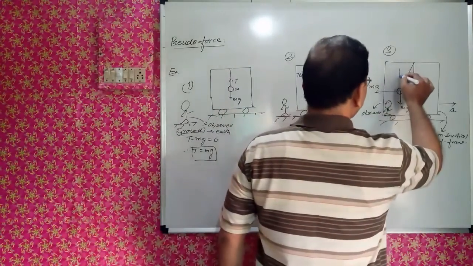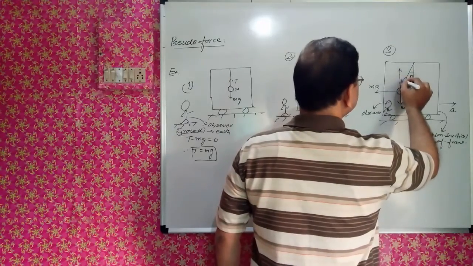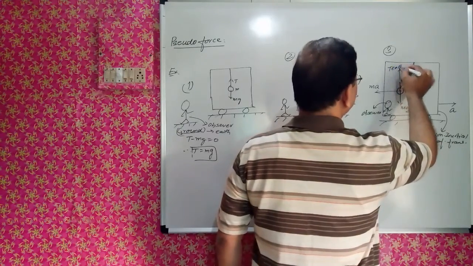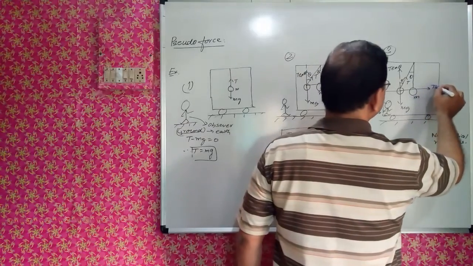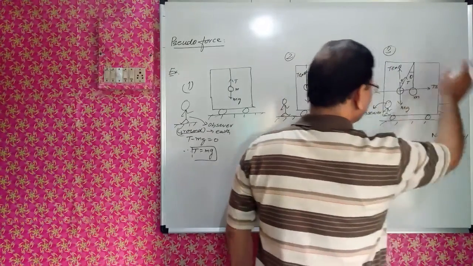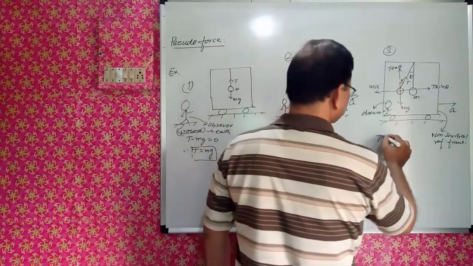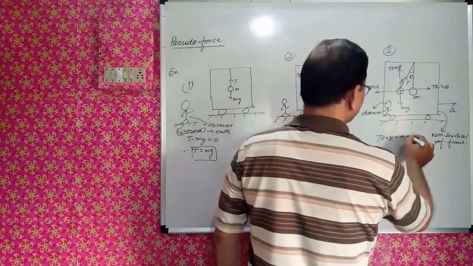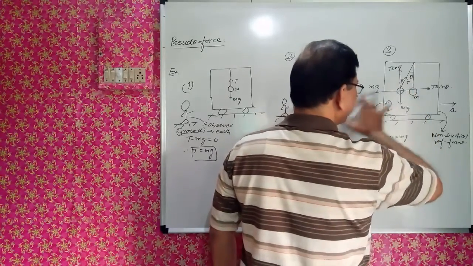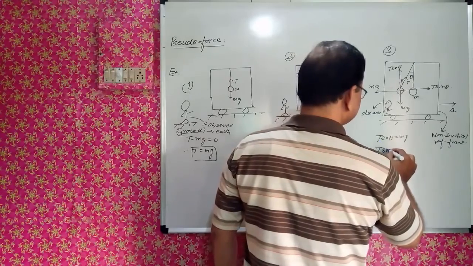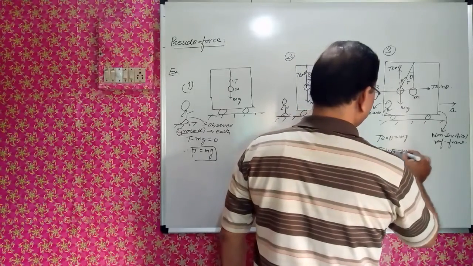Here, if you look at this theta, there will be T cos theta in this direction and T sin theta. Now the forces are getting balanced. Here also T cos theta is equal to mg, upward force balancing downward, and T sin theta is equal to m into a.